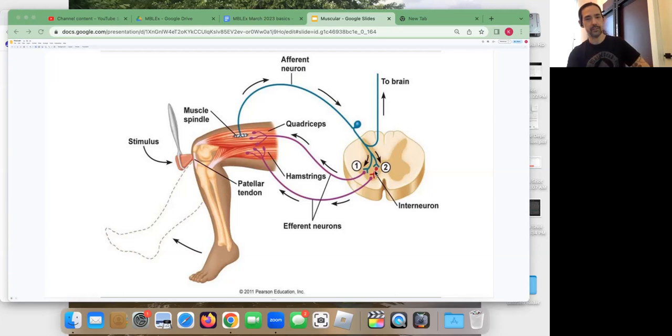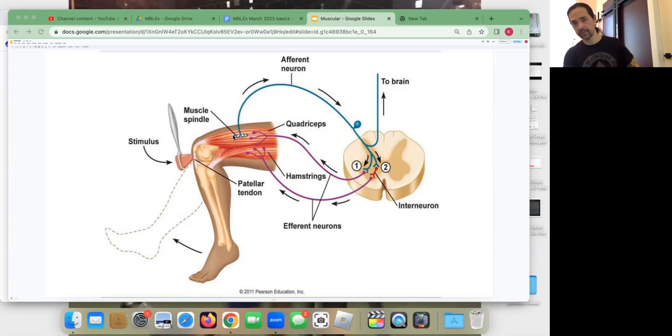The central nervous system then tells the same muscle, the agonist, the rectus femoris, to contract. And it also tells the antagonist, the hamstring muscle, to inhibit, to relax, or to lengthen. So it contracts the agonist, rectus femoris, and it inhibits the hamstring, the antagonist. Touch your hamstring. It inhibits the hamstring, the antagonist.